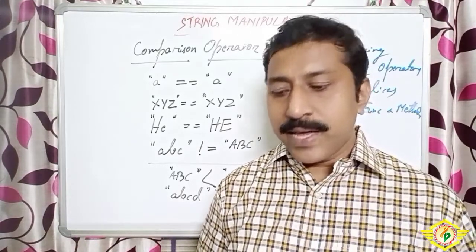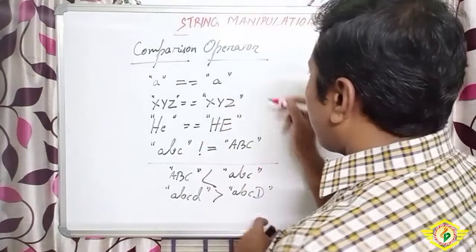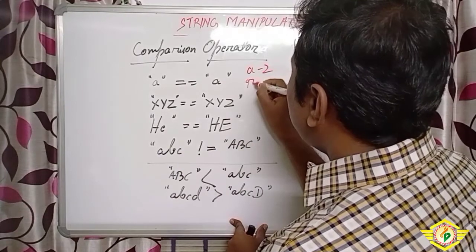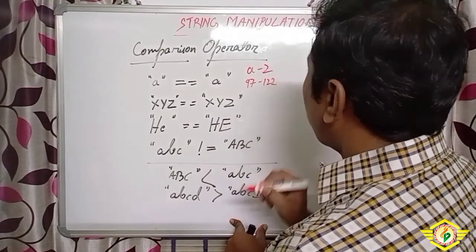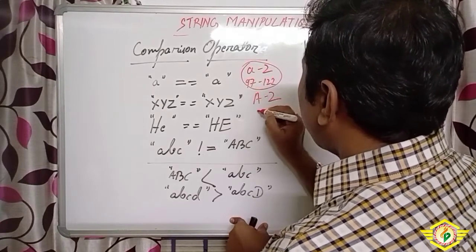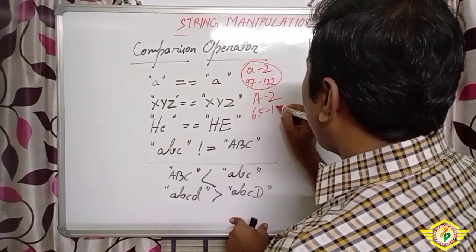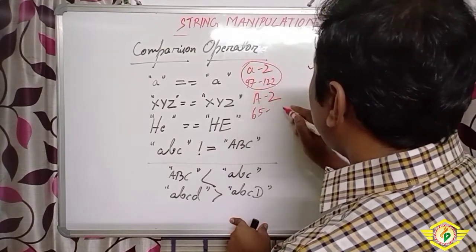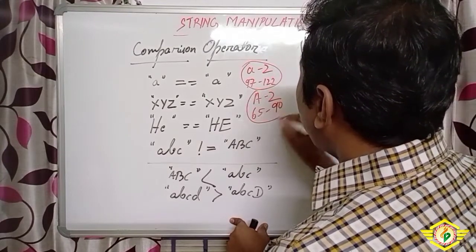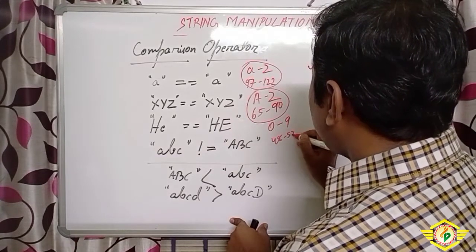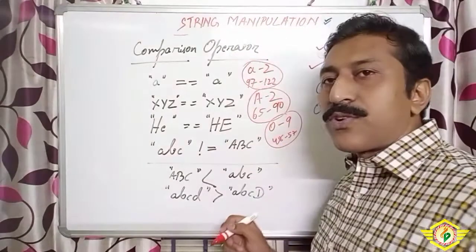Small a to small z is 97 to 122. Remember, capital A to capital Z is 65 to 90. And 0 to 9, the digits, are 48 to 57.